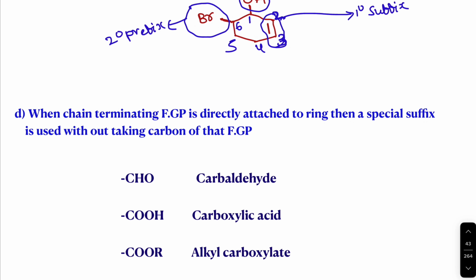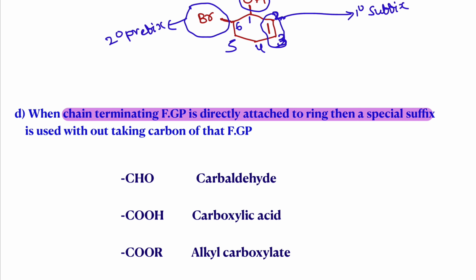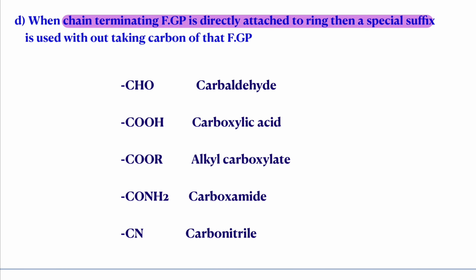And the last one, that is when a chain terminating functional group is directly attached to a ring. For example, this is the ring system and this is a chain terminating functional group, that is aldehyde. Here you may have a doubt, what is a chain terminating functional group?